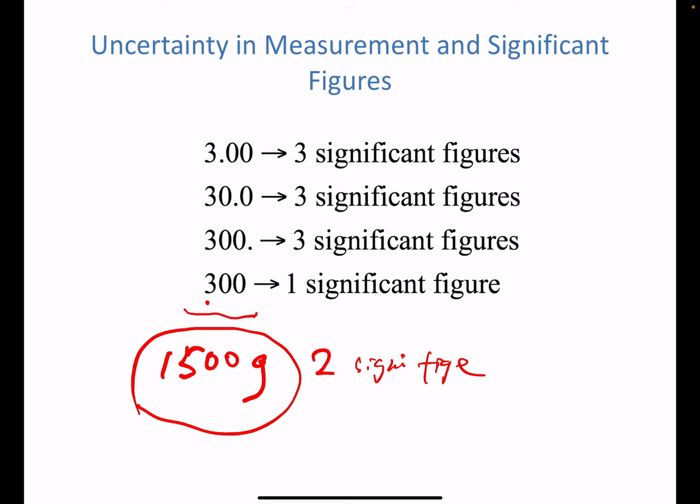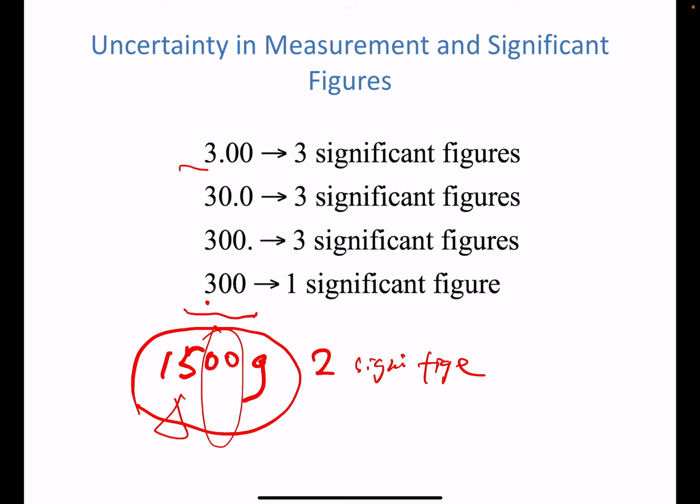So the actual quantity could be somewhere around 1,600, or 1,500, or 1,400. That's what it means. It means I have no idea what those two numbers should be. I only care about the hundreds. So it's not a very precise measurement.